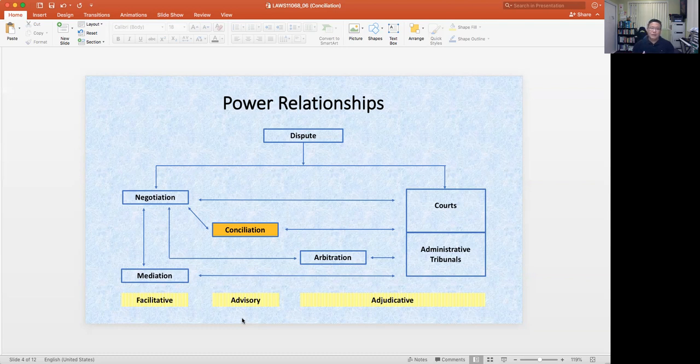So in the facilitative process, on the one hand, you might say that the parties are totally blind to what the legal outcome might be if they have to go to court. When it comes to the court system, the courts make a full determination as to what the legal outcome is.